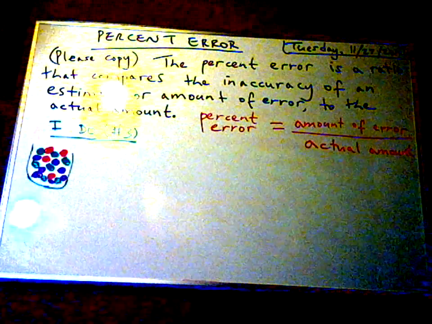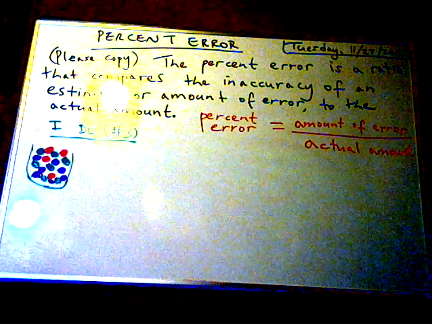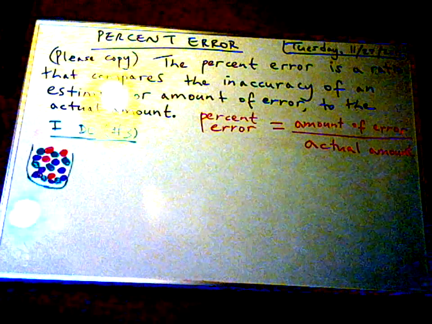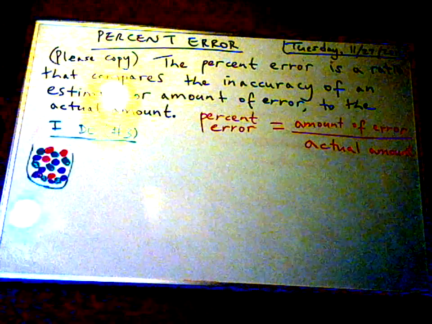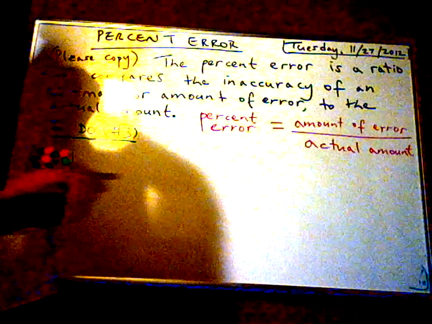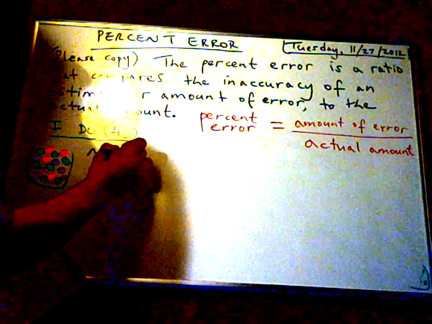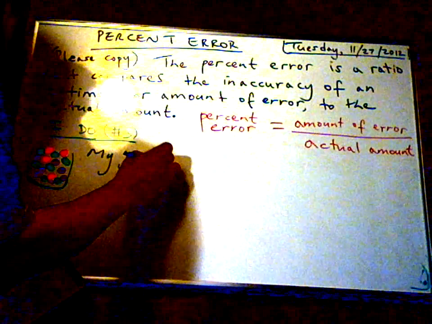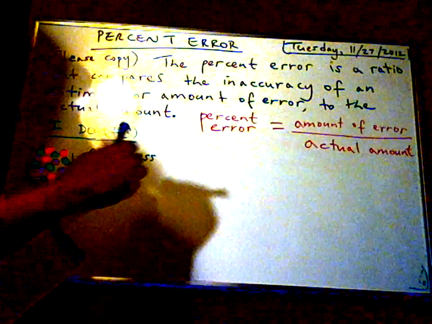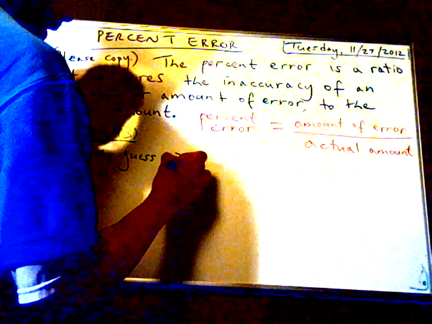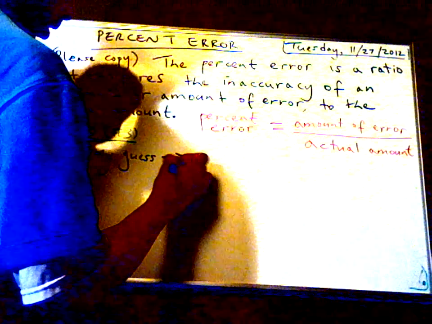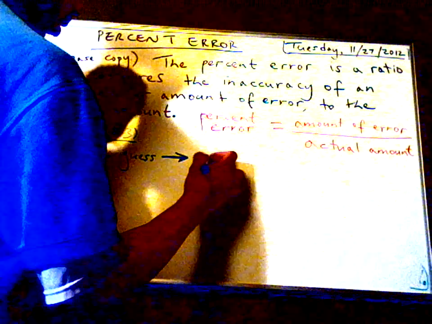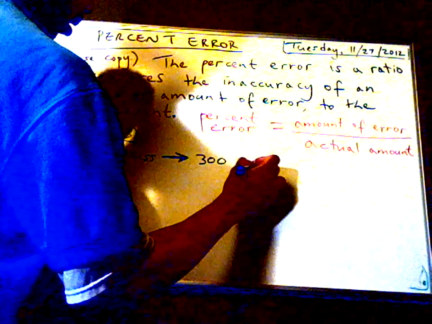I got gumballs, and I guess that there are 300 gumballs in the jar. So my guess was that, again, this is an error, this is not a subtraction sign. My guess is that there were 300 gumballs.